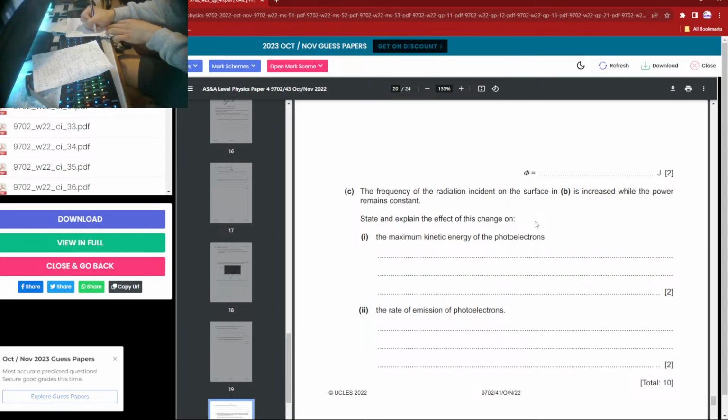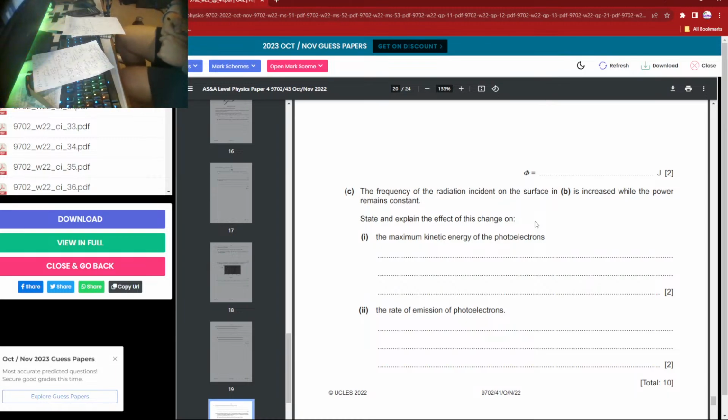So for C1, as frequency increases, electrons move faster. Hence, kinetic energy will increase.